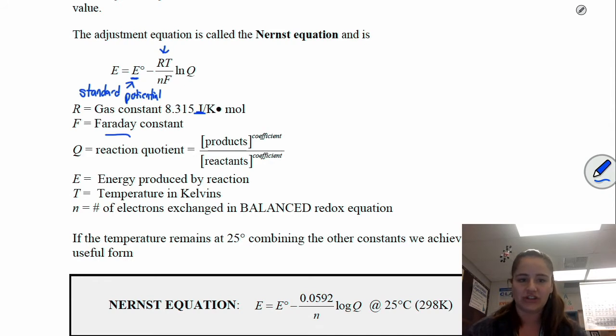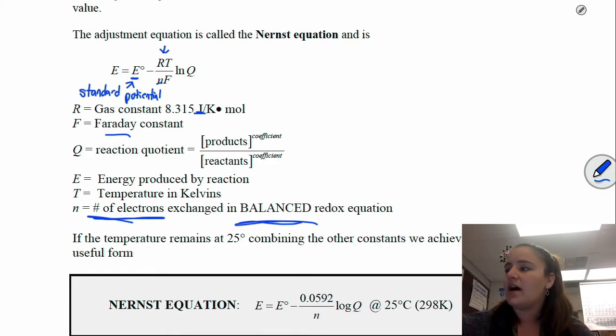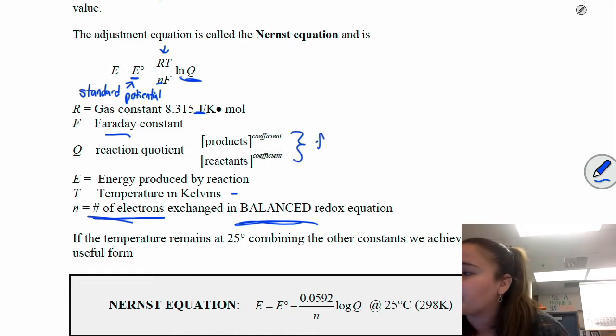It's on your equation sheet. N, remember, is the number of electrons exchanged in the balanced reaction. You can't forget to balance it. T is temperature in kelvins. And natural log of Q, where Q is our reaction quotient, products over reactants to the coefficient. You guys might remember these from equilibrium.